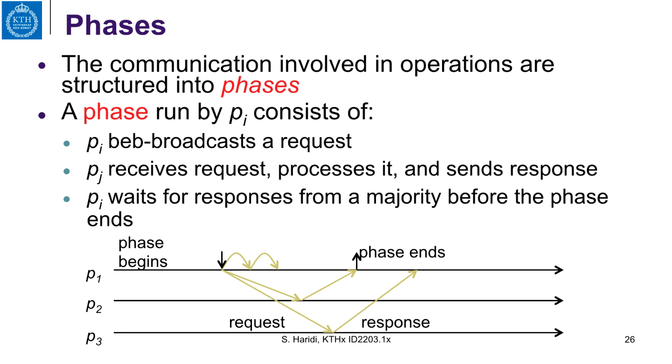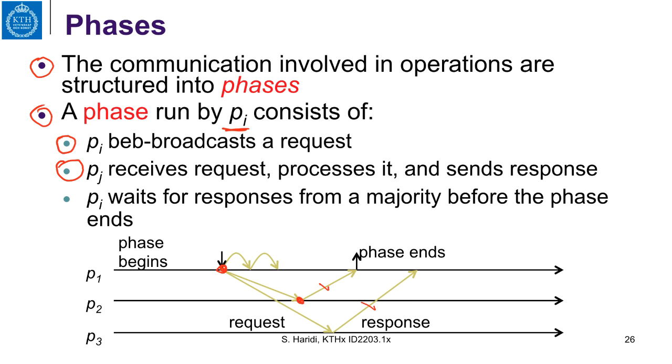The algorithm will be structured into phases. So communication involved in operations is structured into phases. And a phase run by process Pi consists of the following. Pi best-effort broadcasts a request, like here. And Pj, when it receives a request, for example this process here, processes the request and then sends a response. So this is the response here.